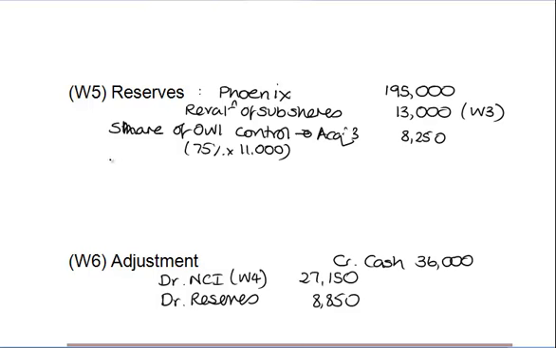So I'm going to go to reserves, NCI adjustment from working number 6, 8,850. So it's all of these things stacking up on top of each other. You've got to deal with them one by one, step by step, and so on.